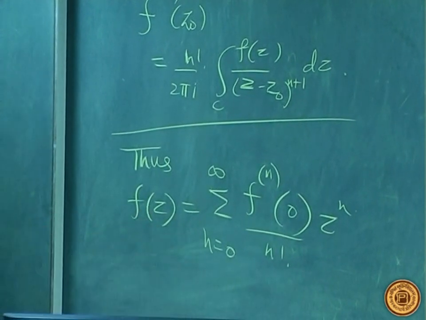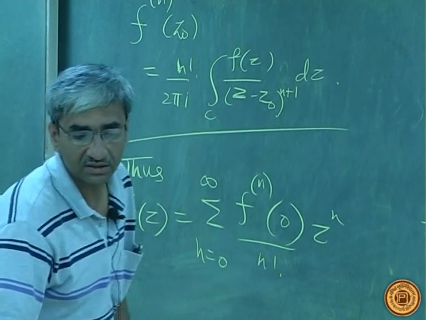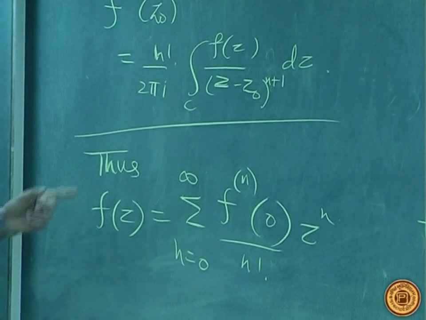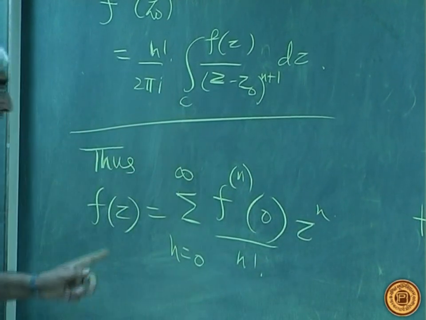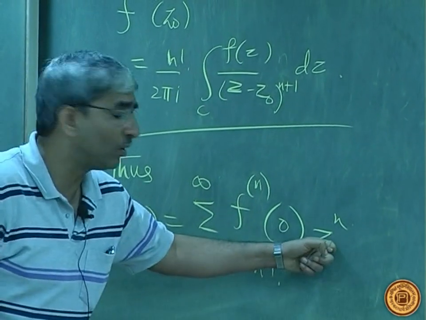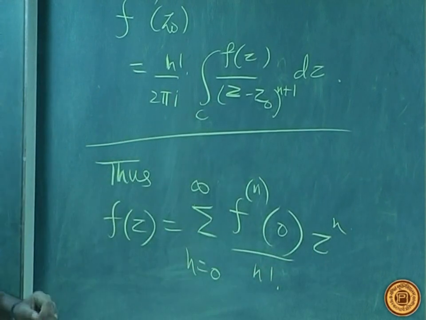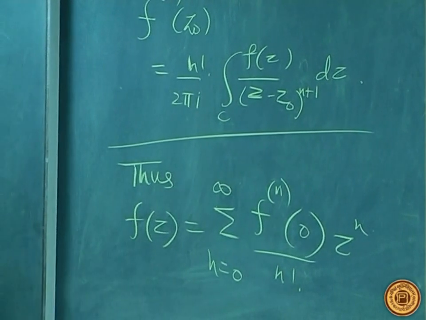So this series expansion is the so-called Maclaurin's series expansion. Now this is around the origin and powers are z minus 0 to the power n. In general we can have z naught and powers of z minus z naught, that is z minus z naught to the power n. But that is just a shift of origin.